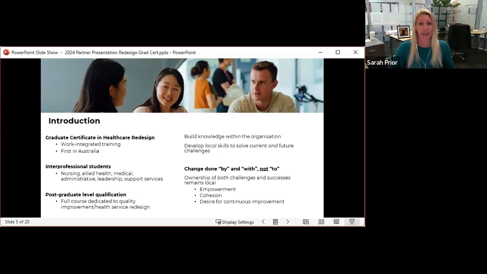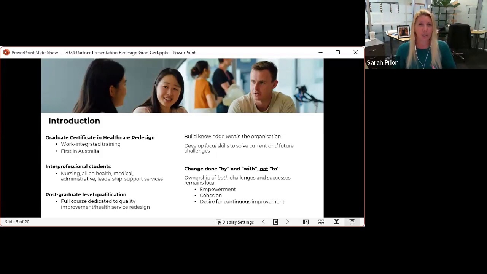And as a teaching team, we fully support students through a workplace project, which I'll talk about a little bit more in a moment, which is something that's been identified as a need in their own work area, and it also aligns with organisational strategy and organisational values. So working with our organisations in this way means that we can make those meaningful and sustainable changes, while also providing students an opportunity to attain a postgraduate qualification.